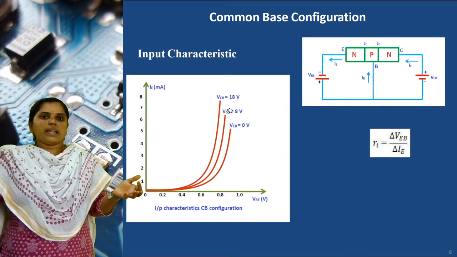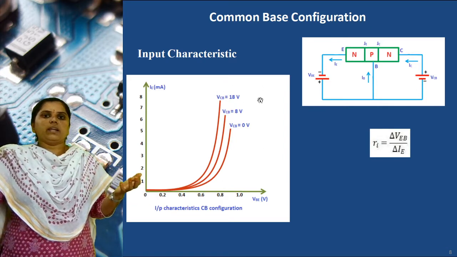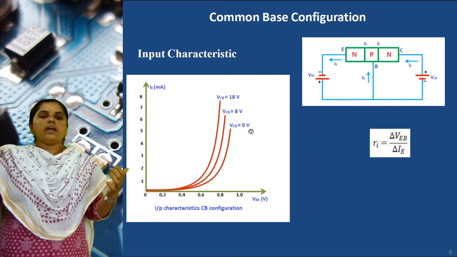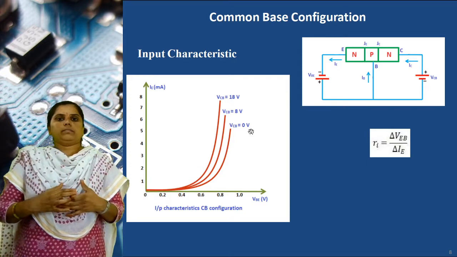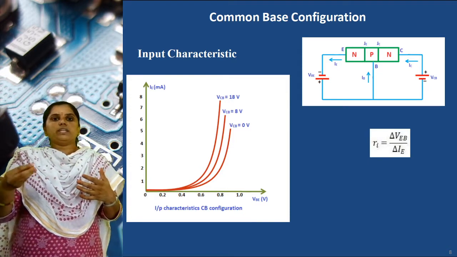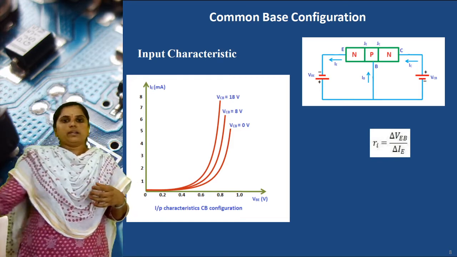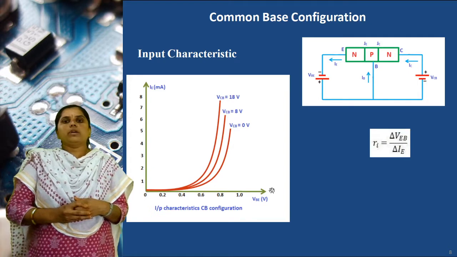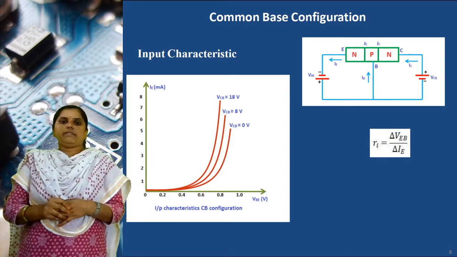Okay, if we are increasing the output voltage again, this waveform is shifted to the left side again. Again we can get more current. Okay, for small applied voltages only we can get the current here. So this is the input characteristics of the common base configuration.